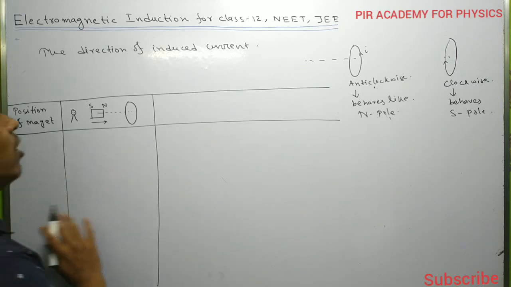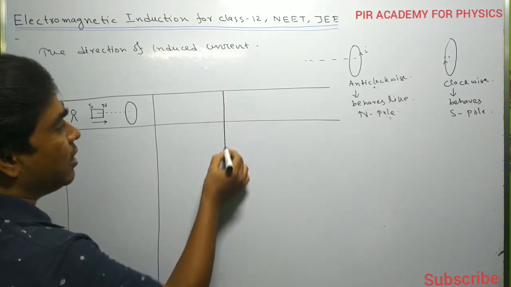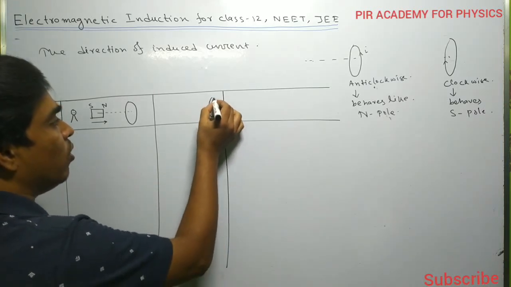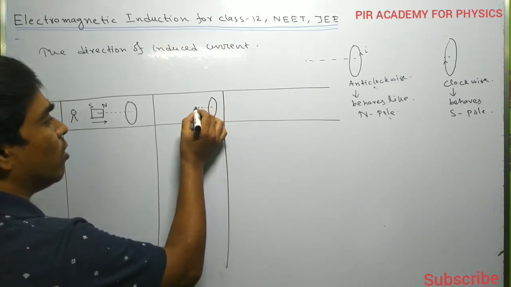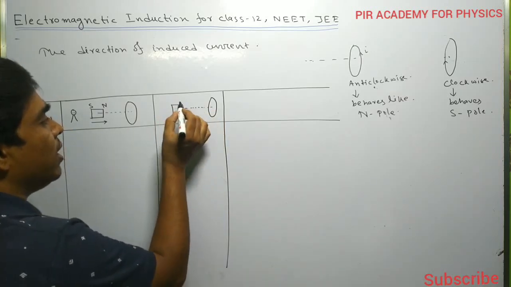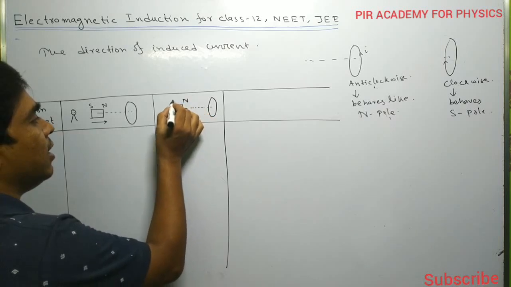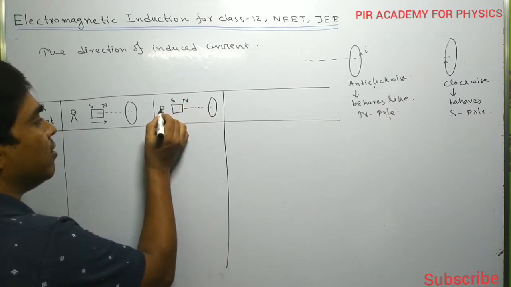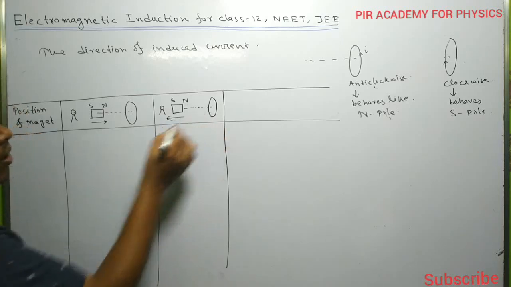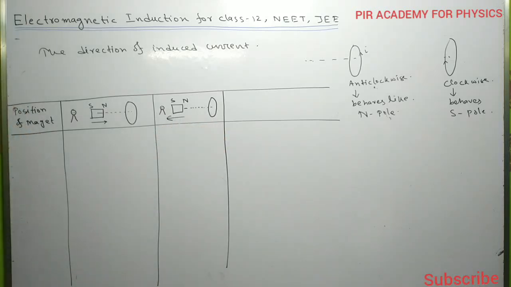This is one condition, and there is another condition. Suppose there is a loop, and this is a bar magnet, here is N, here is south, and here is an observer, and this magnet moves away from this circuit.